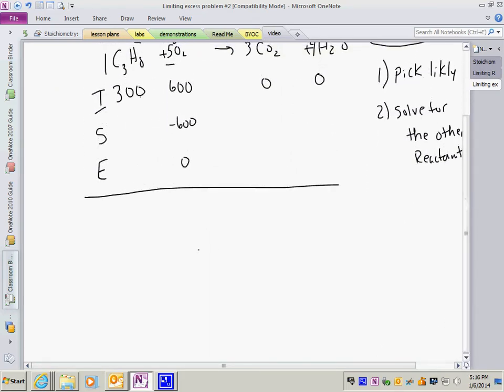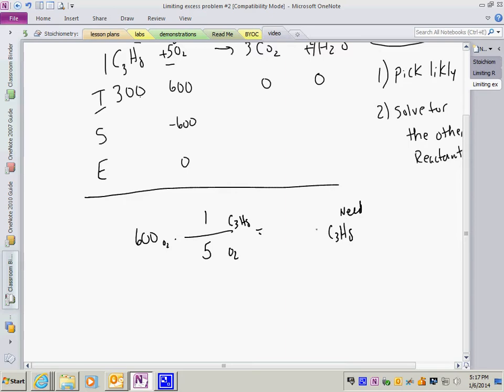And I have 600 O2s at a 5 to 1 ratio. 600 times 1, and this is going to be the O2s, and this is the C3H8. And now, again, I'm solving for a reactant. So the C3H8 is a need.